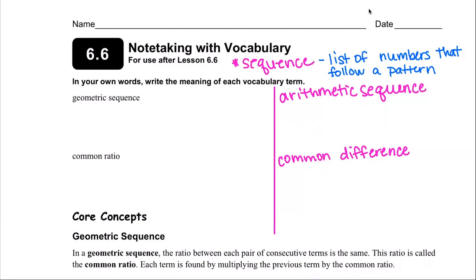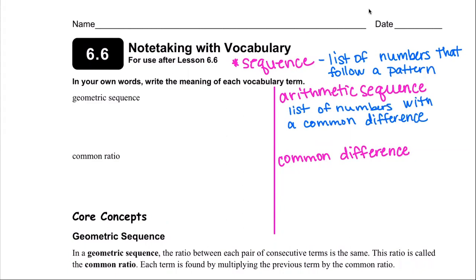So an arithmetic sequence is a list of numbers with a common difference. Okay, well, what does that mean?